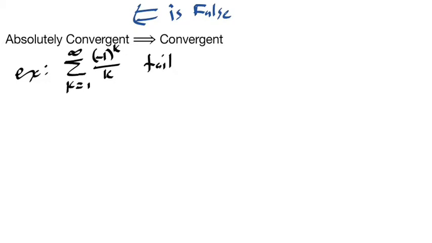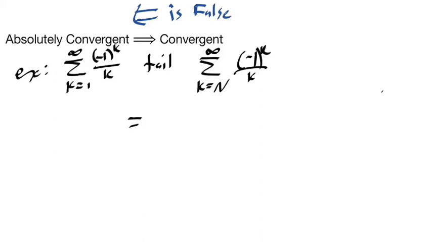And by looking at the tail of this series, what I really mean is that we're looking at the sum from k equals capital N to infinity of negative 1 to the k over k. So we're ignoring the first capital N terms.